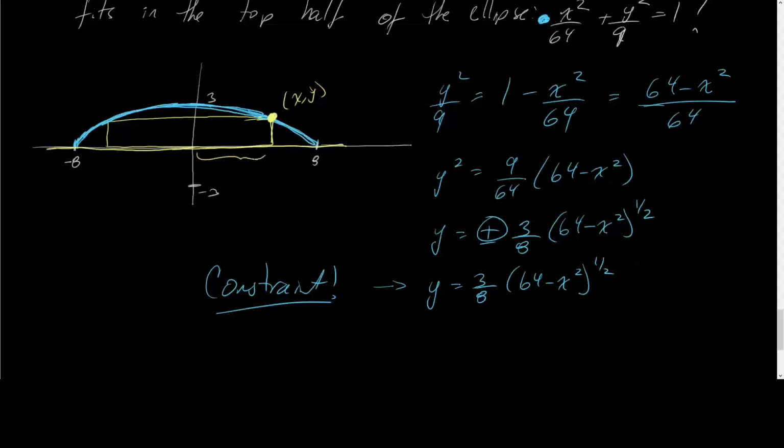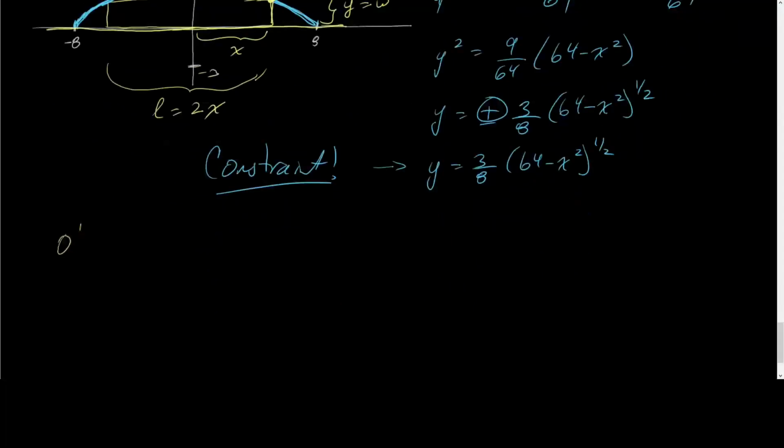That means that this distance is x, and this height is y, right? Giving us that essentially here, y is the width of the rectangle, whereas the length of the rectangle is 2x.